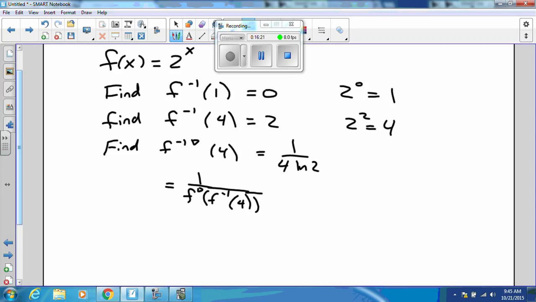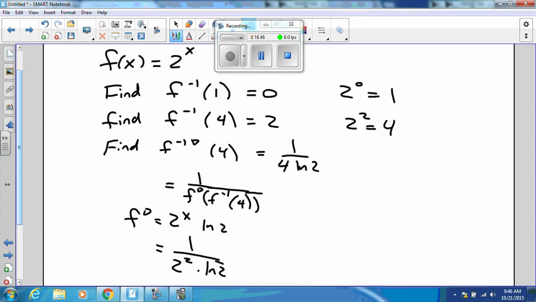And f prime is equal to 2 to the x ln 2. And f inverse of 4 is equal to 2. And so I get this guy right here, using the inverse function theorem.